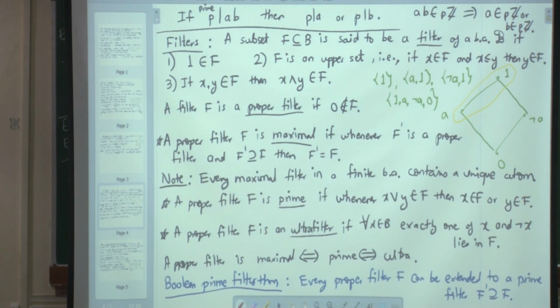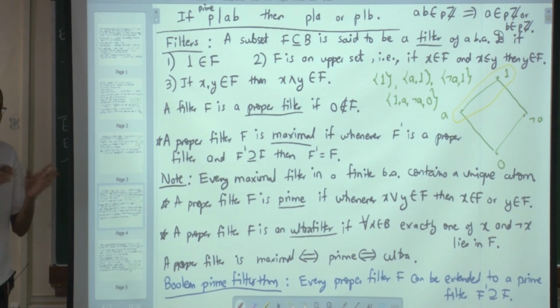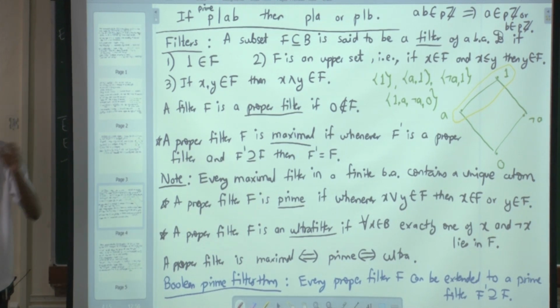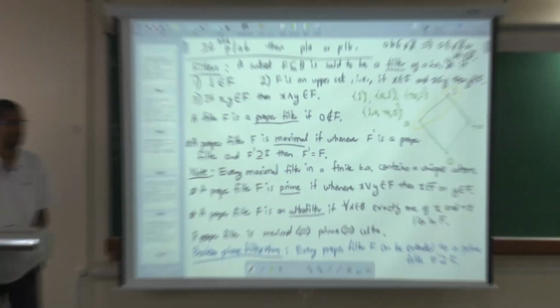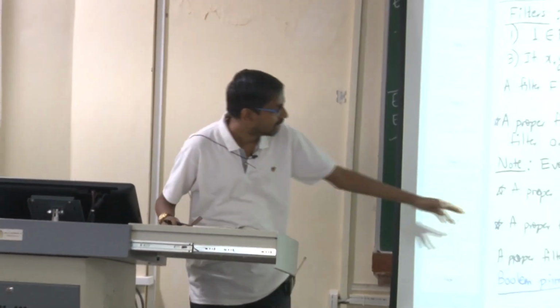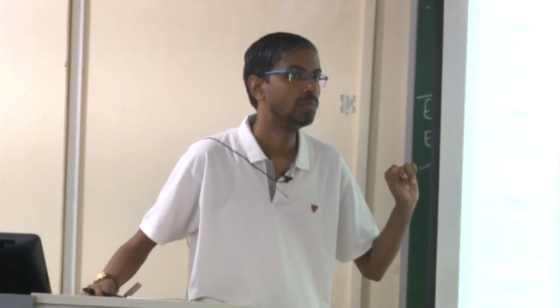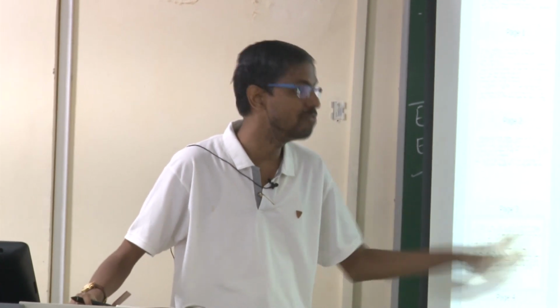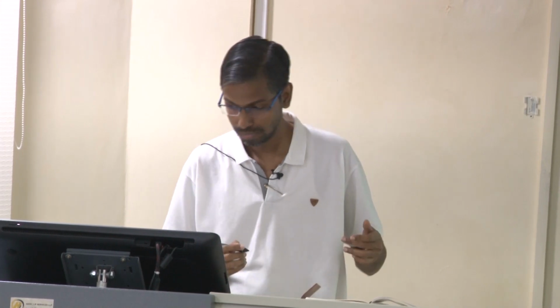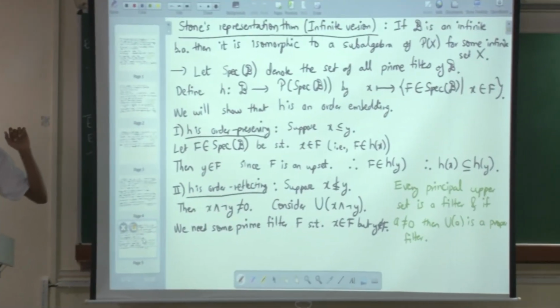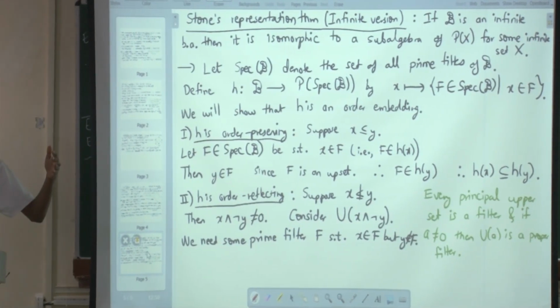So if I am given a filter which is proper, then I add more elements from here and there. I don't know how. That's the magical part, because we only know partial information and then we complete it to another level of information, and then we complete it to a prime filter. So prime filter is also maximal. If you remember, we needed a maximal linearly independent set.